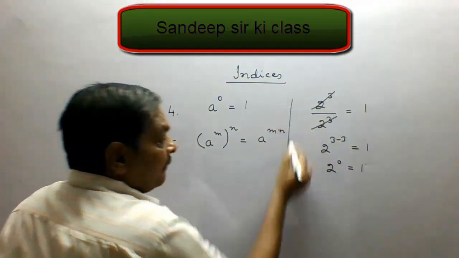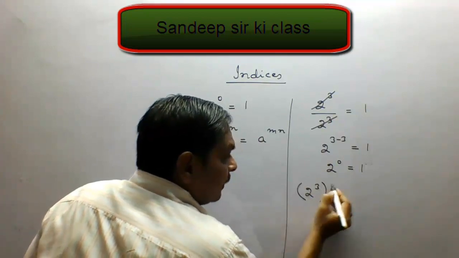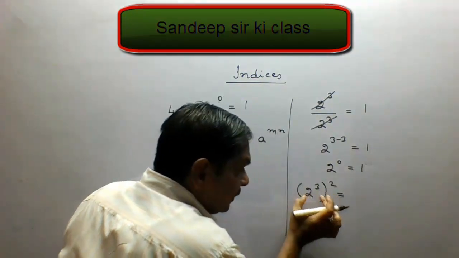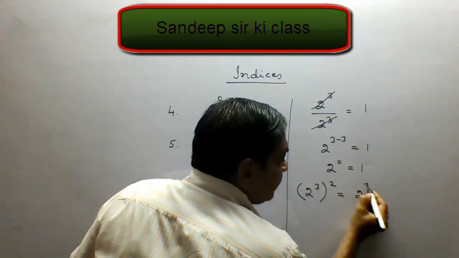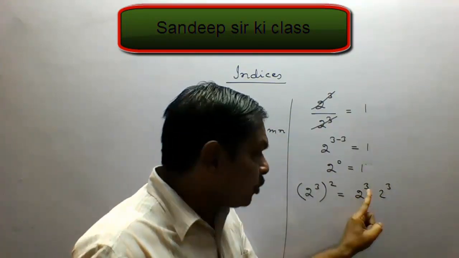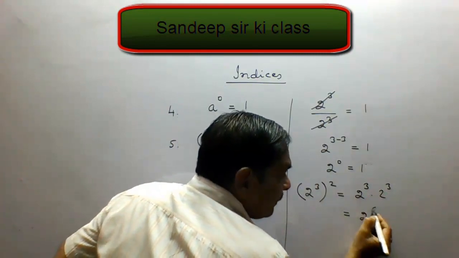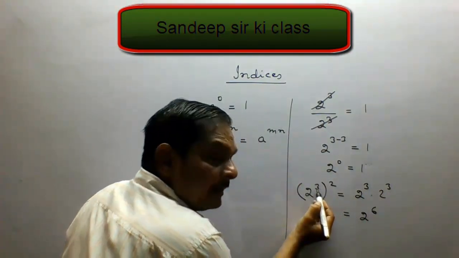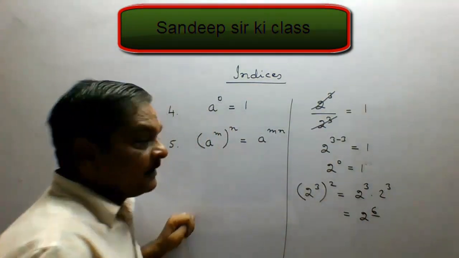See, when we write 2 raised to the power 3 raised to the power 2, then this means 2 raised to the power 3 into 2 raised to the power 3. And here the base is same, so powers will be added. So this is 2 raised to the power 6. 3 plus 3 is 6. And here the multiplication is there, 3 into 2, which is 6.